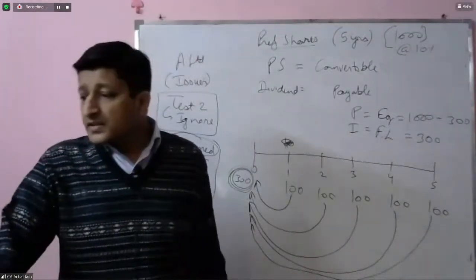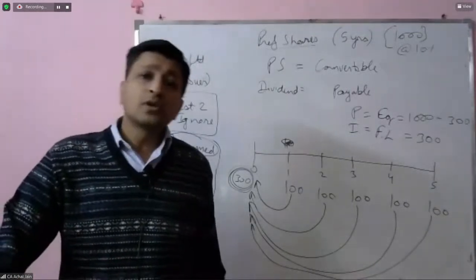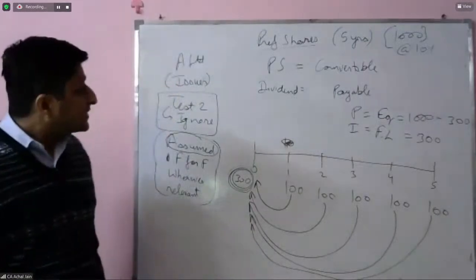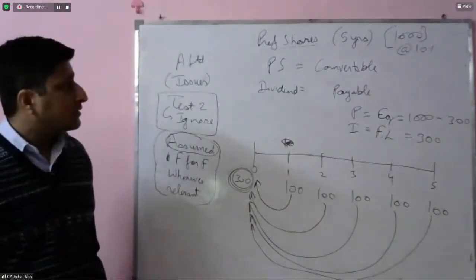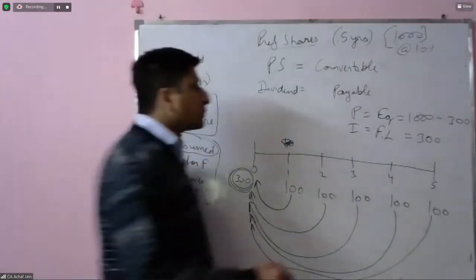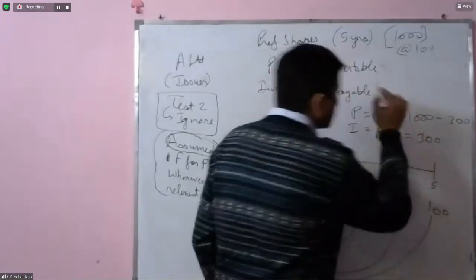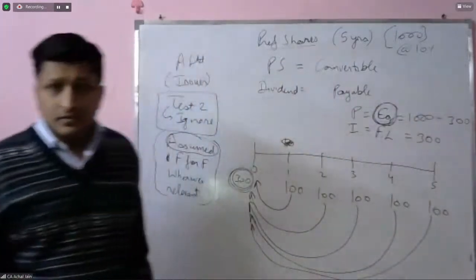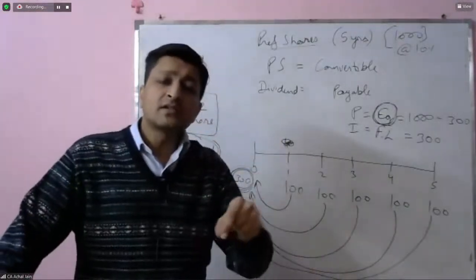Guru Raja is saying, sir, in this case, how can we go for test 2 if there are both the components? In this case, if we have both the components, for this component which we have classified as equity, we need to check whether this equity will continue to remain an equity as per test number 2 or not.